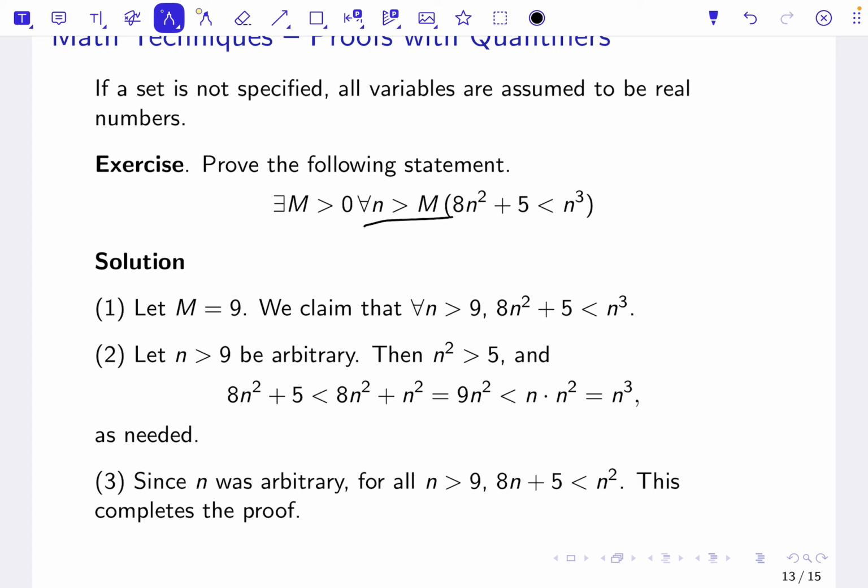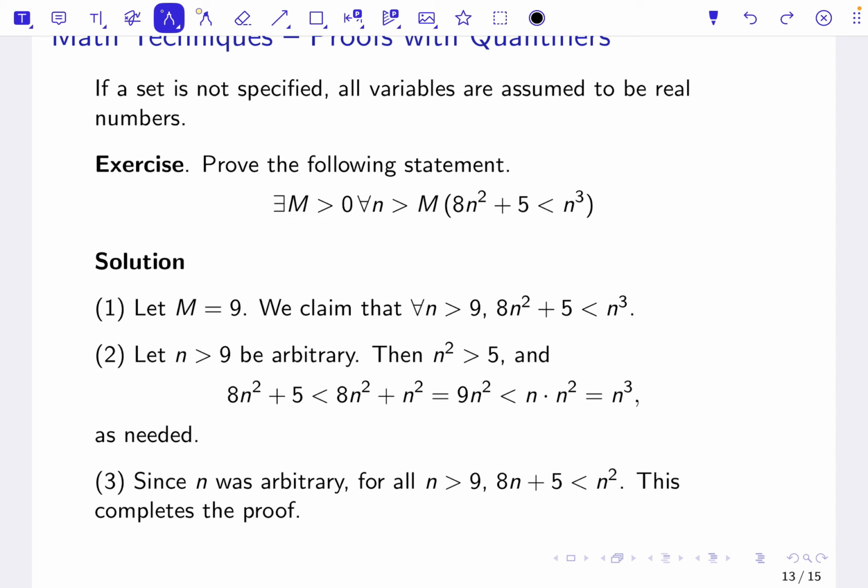And then, because of the quantifiers we're given, we're going to set m to whatever that something is. And then once we've set m, we show that this value for m leads to the rest being true, and that proves the statement.